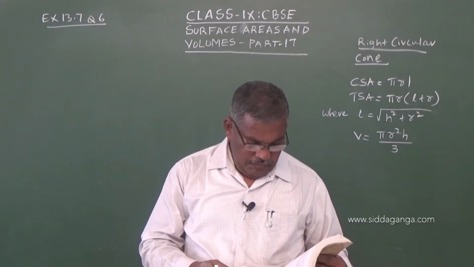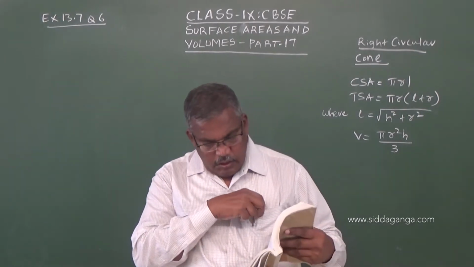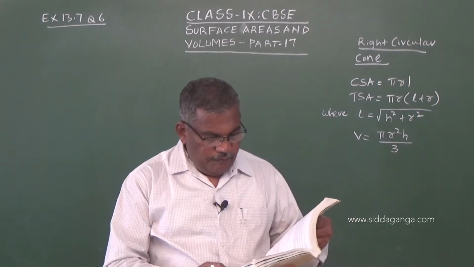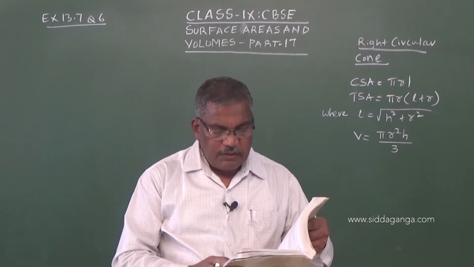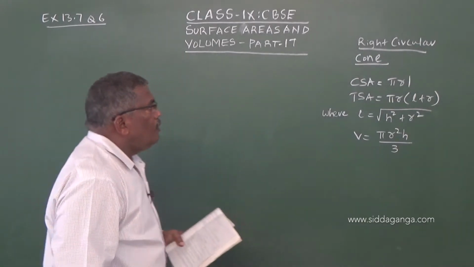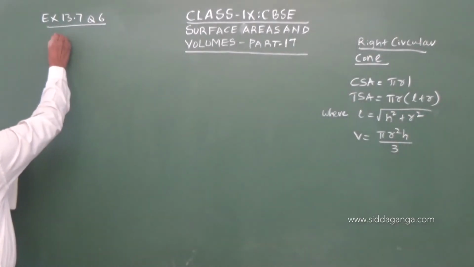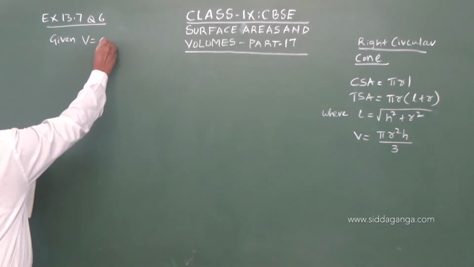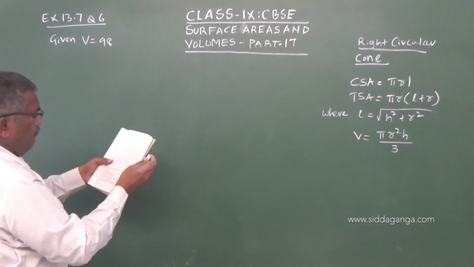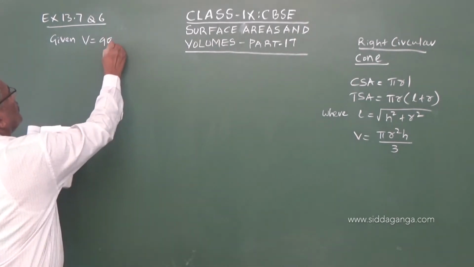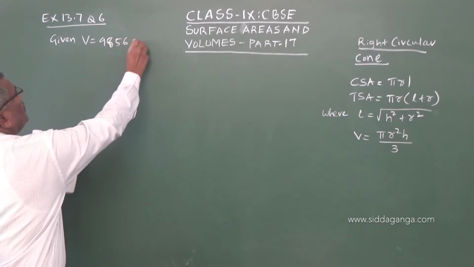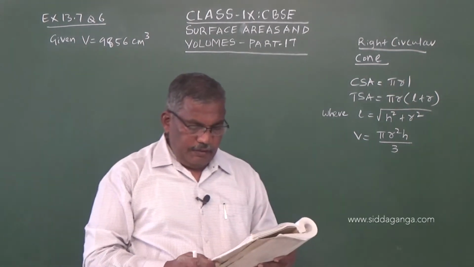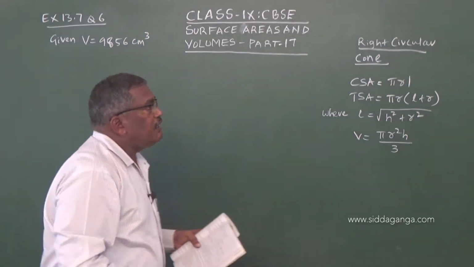The volume of a right circular cone is 9856 centimeter cube. So it is given volume is equal to 9856 centimeter cube, and the diameter of the base is 28 centimeter.